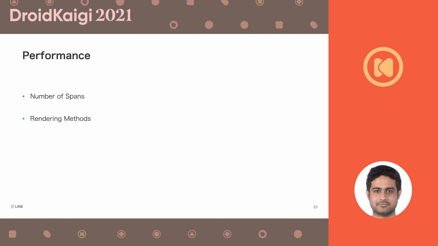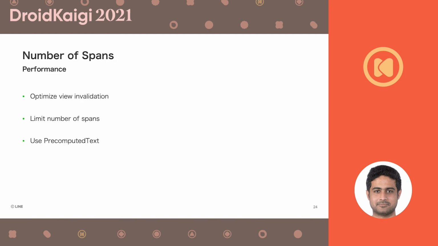There are a number of factors that are going to affect the performance of our view. One is the number of spans, and the other is the rendering method. Let's start with the number of spans. So far we have seen an example with only one animation emoji.